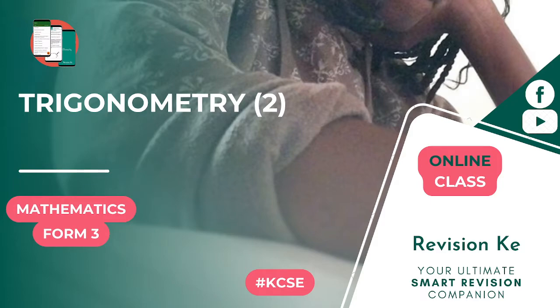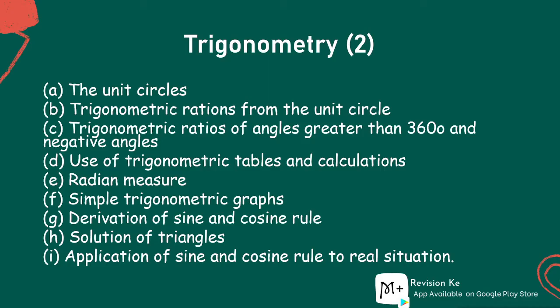So in today's class we are going to look at the topic trigonometry 2, and by the end of this topic we should be able to achieve the following objectives.